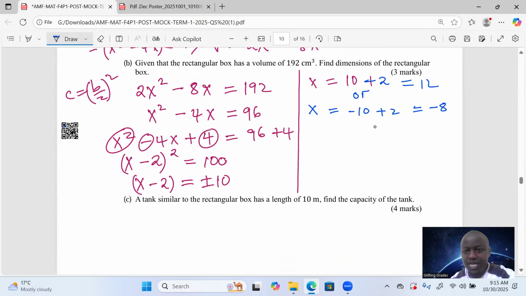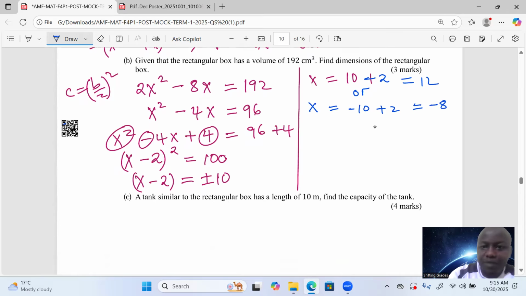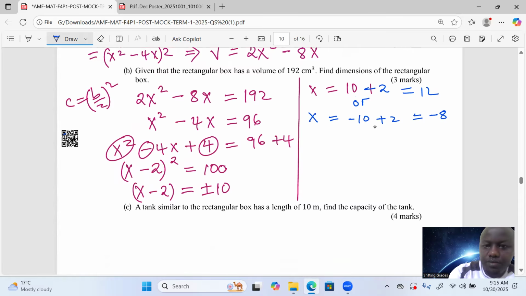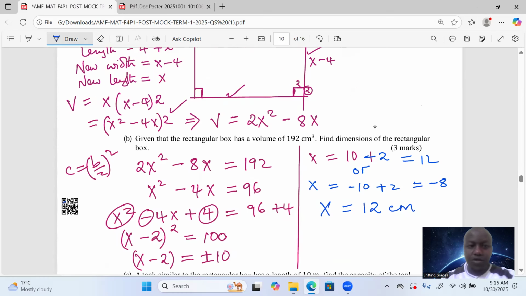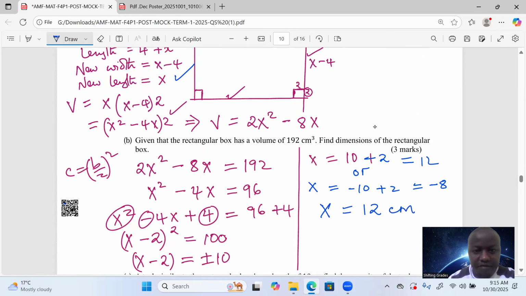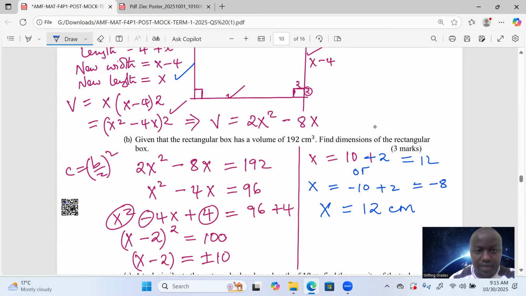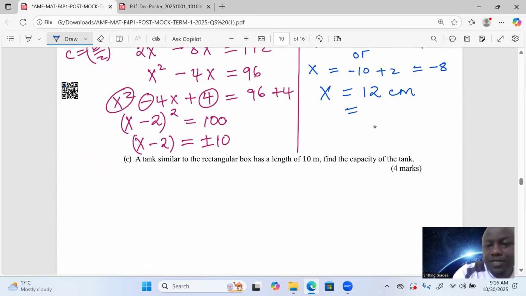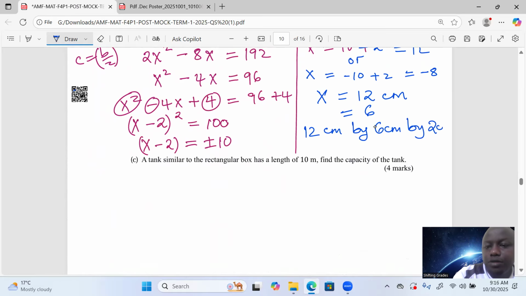Therefore, because it's a distance, we settle for x equals 12, and this one is centimeters. x is the length of the box, meaning that the width of the box is x minus 4. x minus 4 gives us 6, meaning that the box measures 12 centimeters by 6 centimeters, then by 2 centimeters.